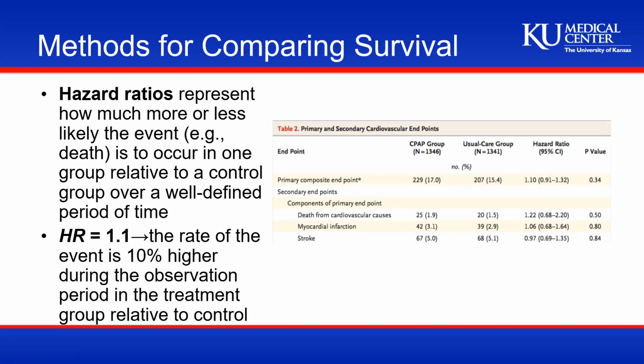You could also think of it as, if we knew the window of measurement, which I don't for this, I don't know if it's in days or how long they observed it, you could also talk about 10% more events happening over that window of time in the treatment group relative to the control. So you have a 10% increase in the events.